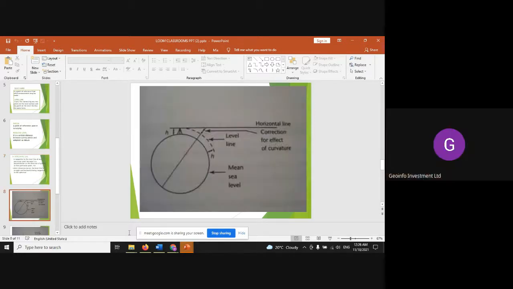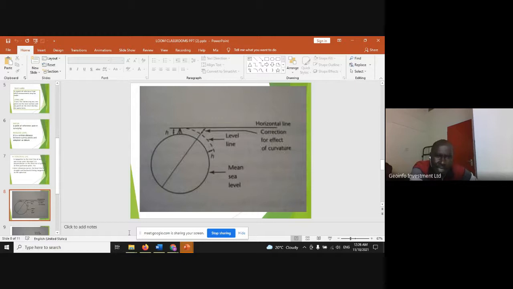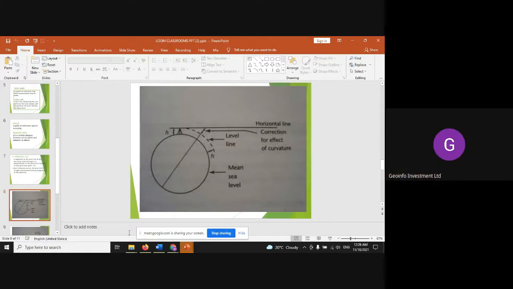Now, from our slide number 8, we can see that there is a diagram which will also help us understand well some of the terminologies we use in leveling. If you can see my cursor, here we see the mean sea level.